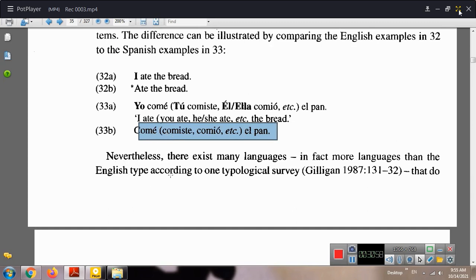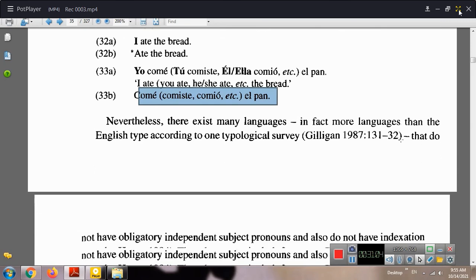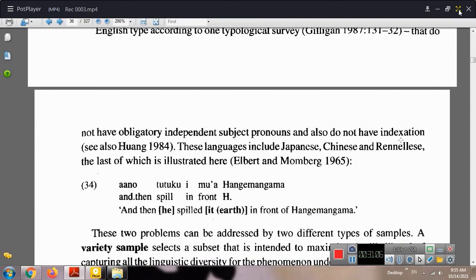Nevertheless, there exist many languages, in fact more languages than the English type according to one typological survey, that don't have obligatory independent subject pronouns and also don't have indexation. These languages include Japanese, Chinese, and others, a list of which is illustrated here.